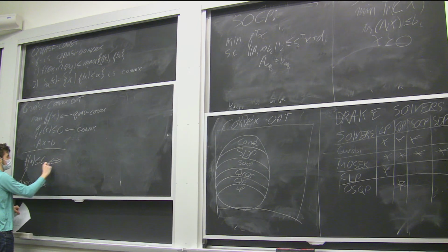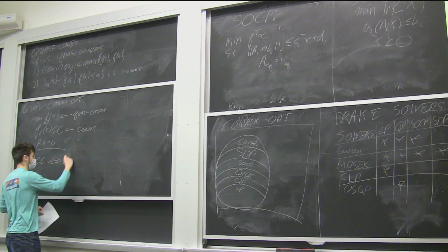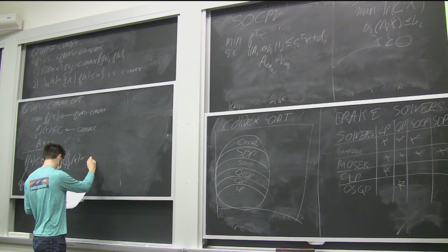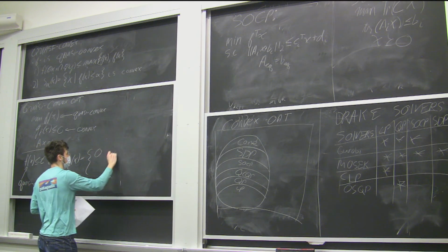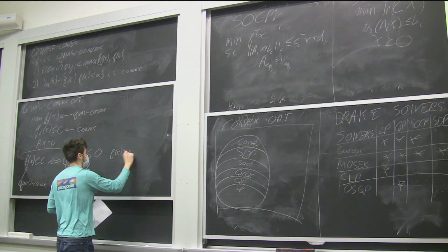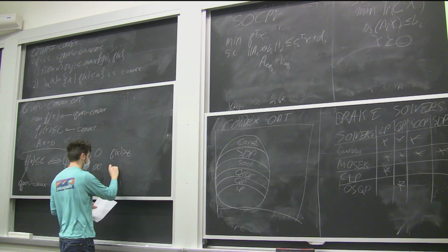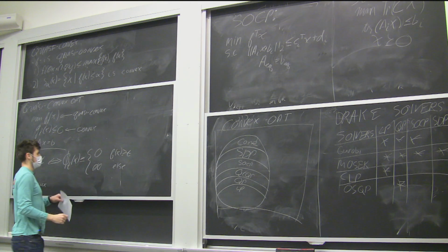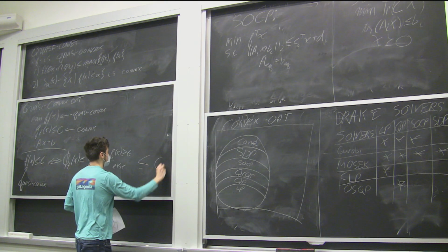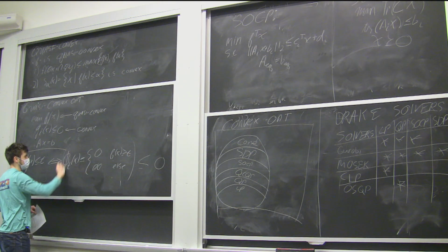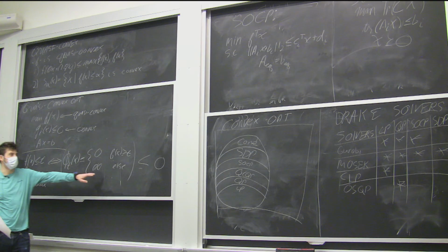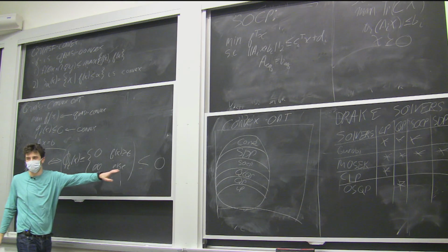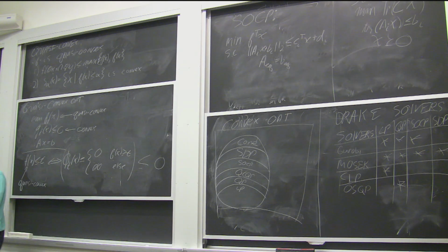You can always find a function phi of t of x, and this constraint is equivalent to defining a new function phi of t of x, which is a convex function, less than or equal to 0. This transformation is not really what's important.